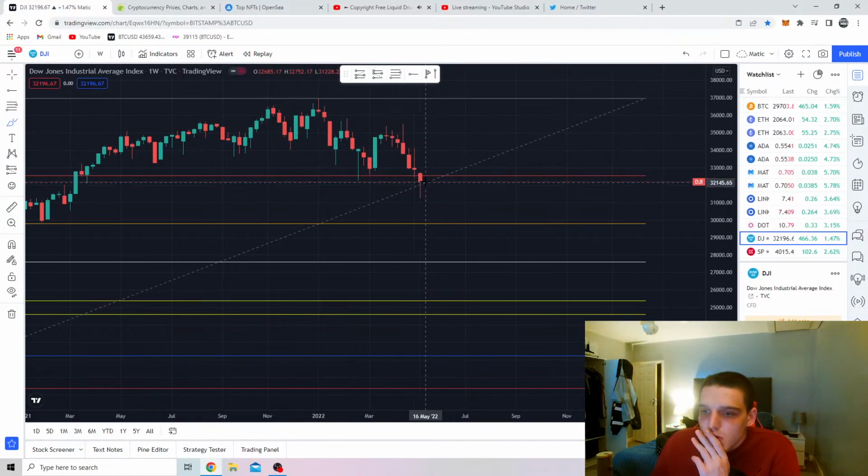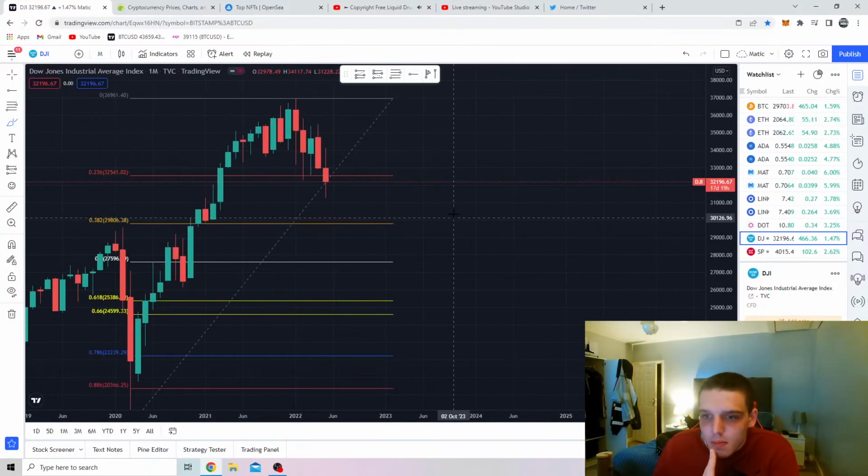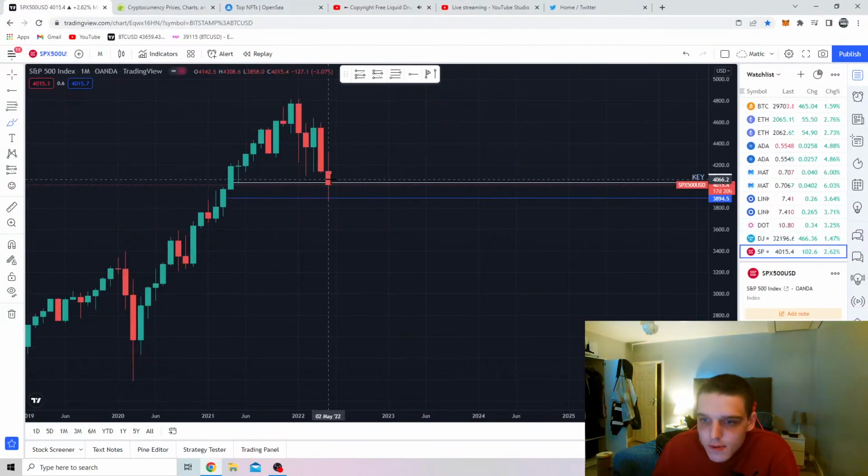For the Dow Jones, you want to essentially see us finish above the 32k area on all time frames. The higher the time frame, the stronger the confluence essentially. So as you can see here, if we finished above here on the monthly by the end of the month, that would be a very positive sign. Again, for the S&P 500, if we finish above this key level, it will be at least a good start.